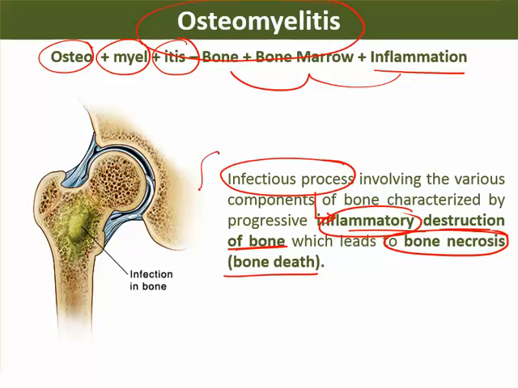So if you ask me for the definition, it is an infectious process involving various components of the bone, characterized by inflammatory destruction of bone, which leads to bone necrosis. If you understand the concept, infection produces inflammation, inflammation produces necrosis, as simple as that. So this is about osteomyelitis.